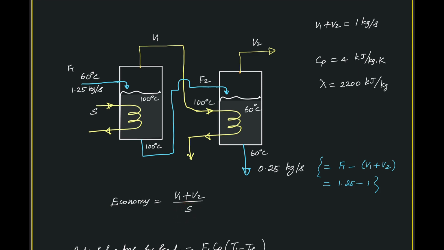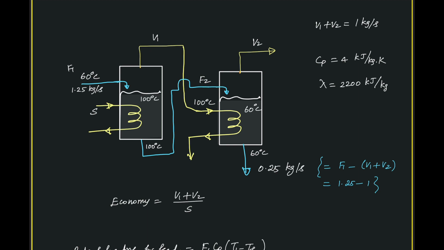How to find that? Before that, let us see the flow rates. Feed is entering at 1.25 kg per second, and V1, which leaves the first effect, gets condensed and leaves as condensate, no longer available. Feed enters the second effect as F2, which leaves as V2 and the product of 0.25 kg per second.